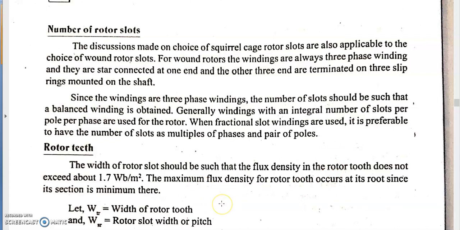We have discussed certain conditions for designing the total number of rotor slots in the squirrel cage induction motor based upon the problems occurring in the motor, that is refuse to start, crawling, cogging, and vibration and noise. To avoid these troubles in the induction motor, we choose the stator and rotor number of slots in certain combinations only. So the same condition is applicable here to select the number of rotor slots in this wound rotor or slip ring induction motor also. So the total number of slots is over.